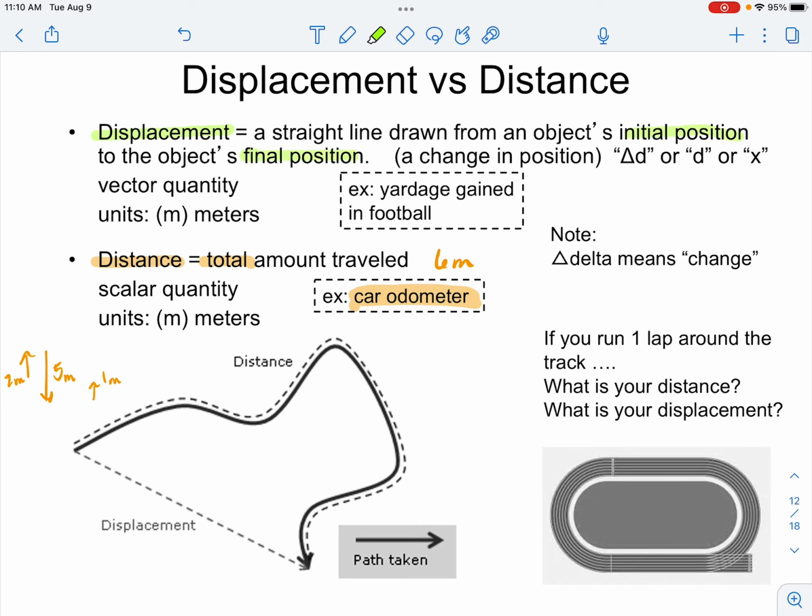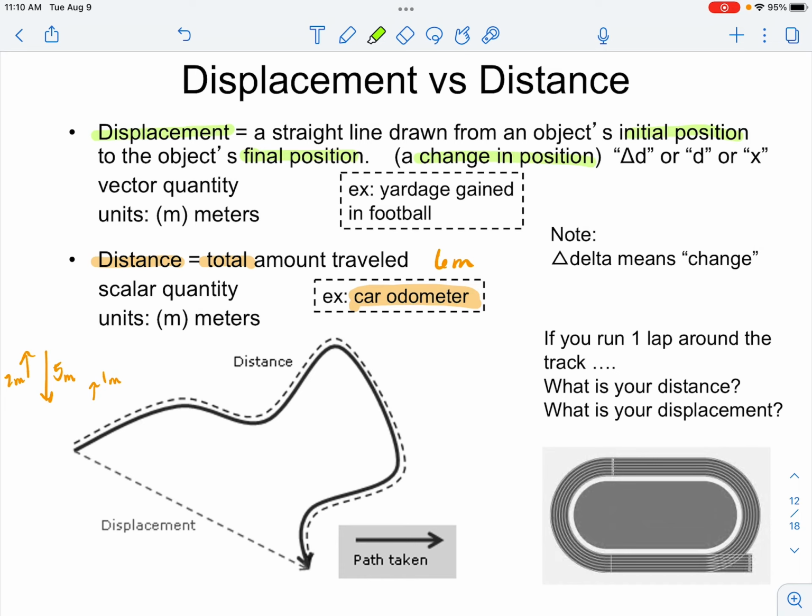So we will talk about expressing this in an equation in more detail in a future lesson, but for right now, I want you to maybe simplify this and say that displacement expresses our change in position.